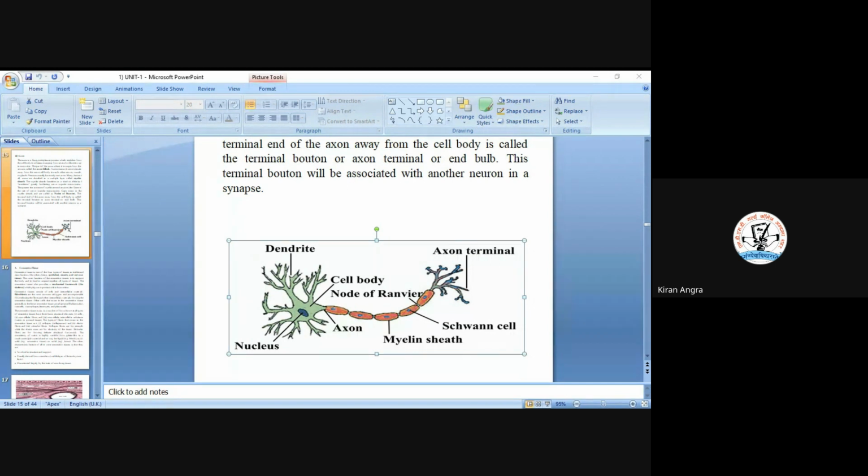However, every connective tissue has three basic structural elements: one is the cells, another is the non-cellular fibers, and third is the non-cellular intercellular matrix. The types of fibers are collagen, elastic and reticular fibers.